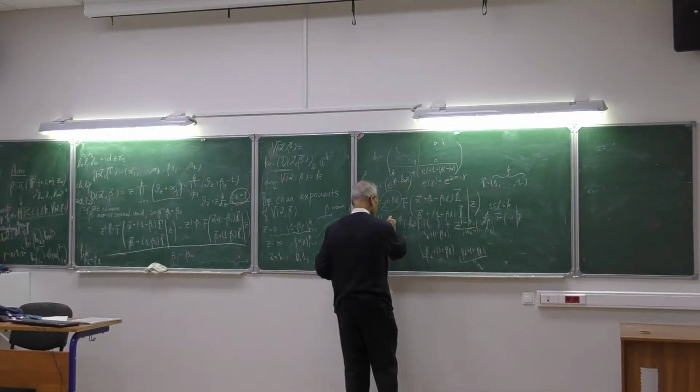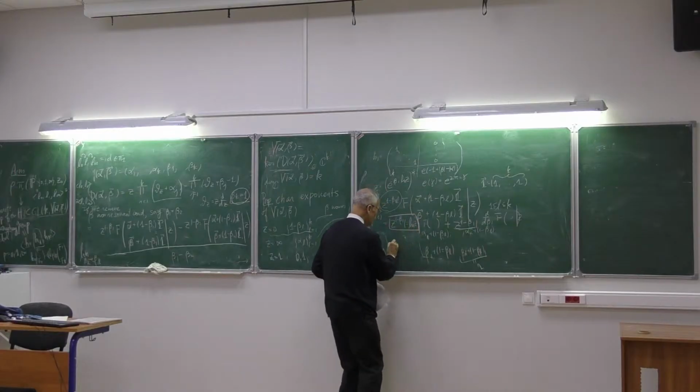When you want to factor 4 times common, so I have 1 times log z.